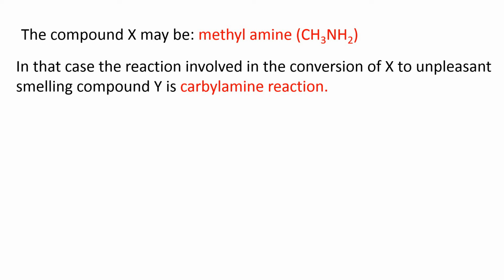If it is methylamine, then the reaction involved in the conversion of X to Y, and Y is an unpleasant smelling compound as given in the riddle, may be the carbylamine reaction, whereby isocyanides are formed which have a very unpleasant smell.